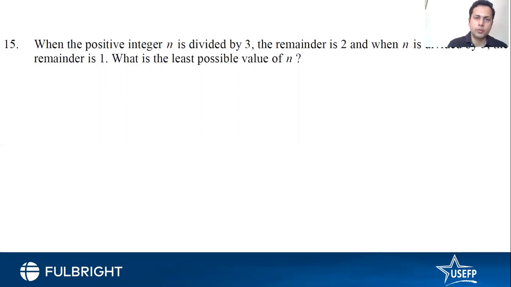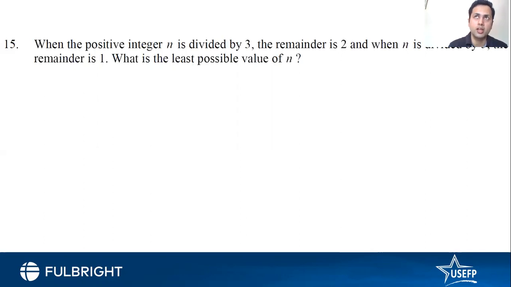So n is a number which, when divided by 3, has remainder 2. What is the smallest value of n? Think of the table of 3. 3 ones are 3, 3 twos are 6.